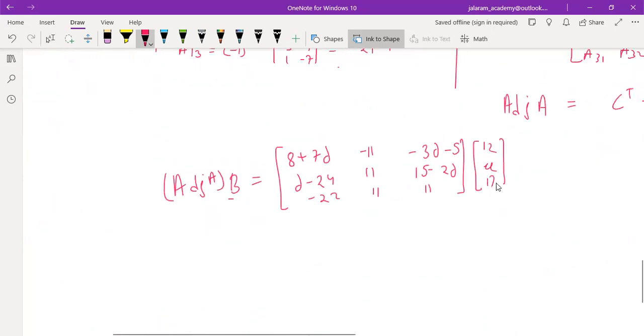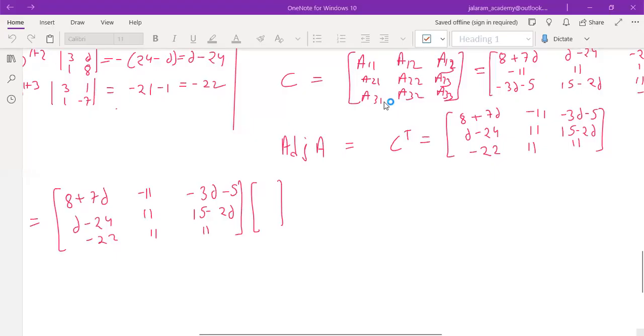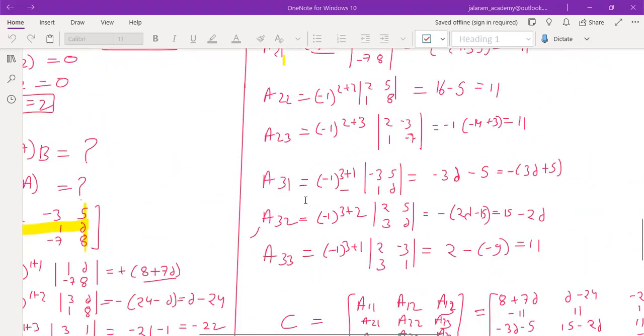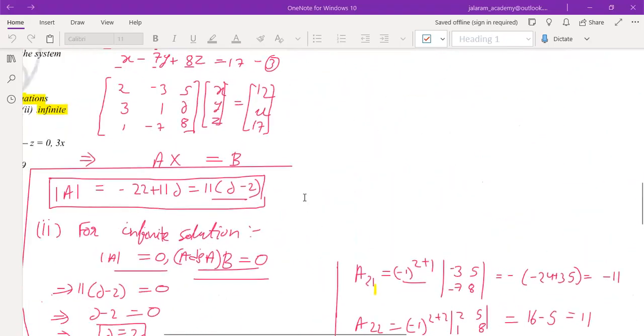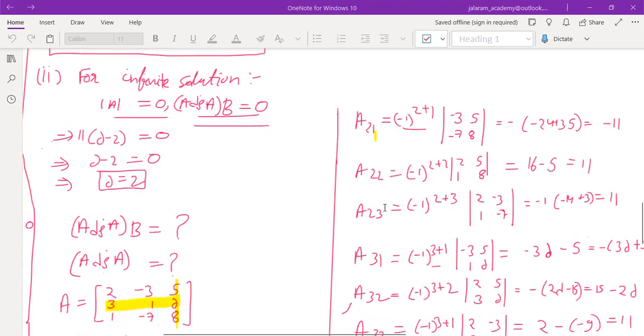So multiply now. So column B is obtained by 12, mu and 17.